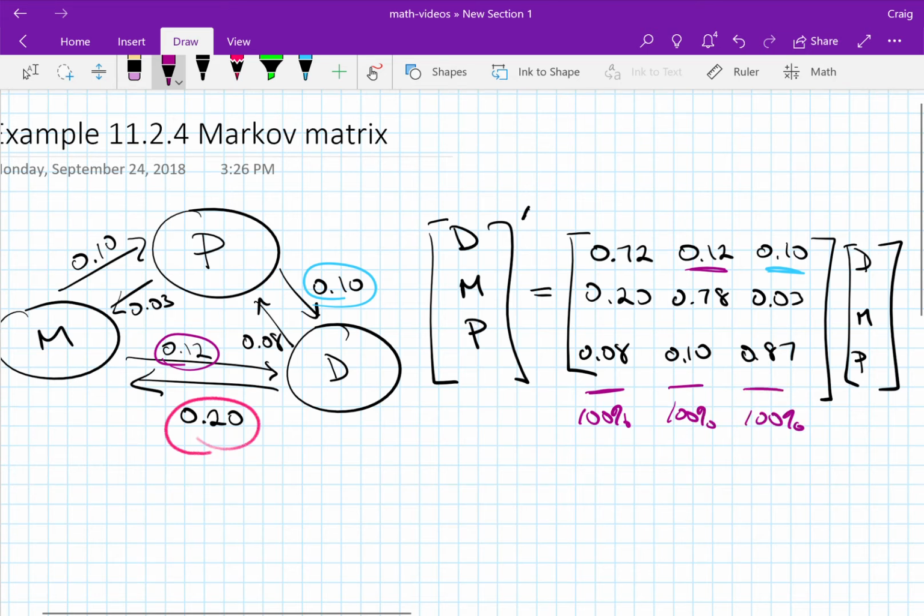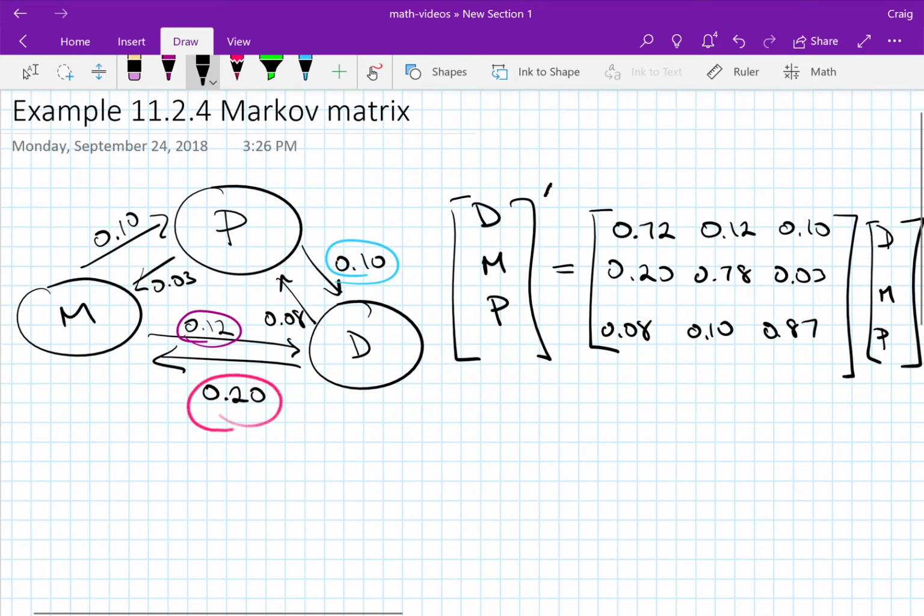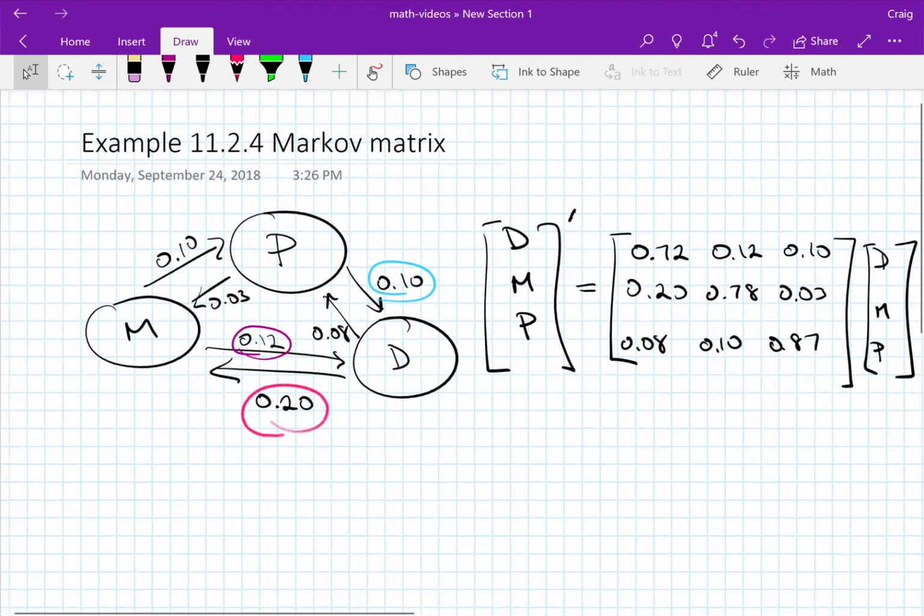A matrix with this property, where all the numbers are positive and every column adds to 1, is called a Markov matrix, and it represents some process like this where things are flowing from one state to the other. State could be literal in this case, like states in the Union.